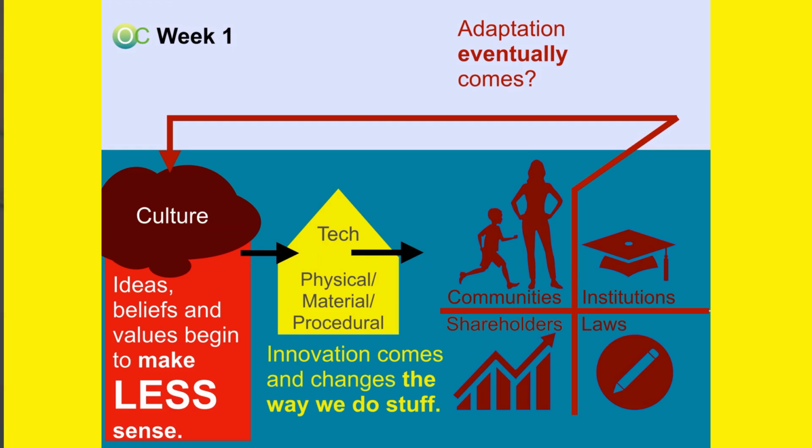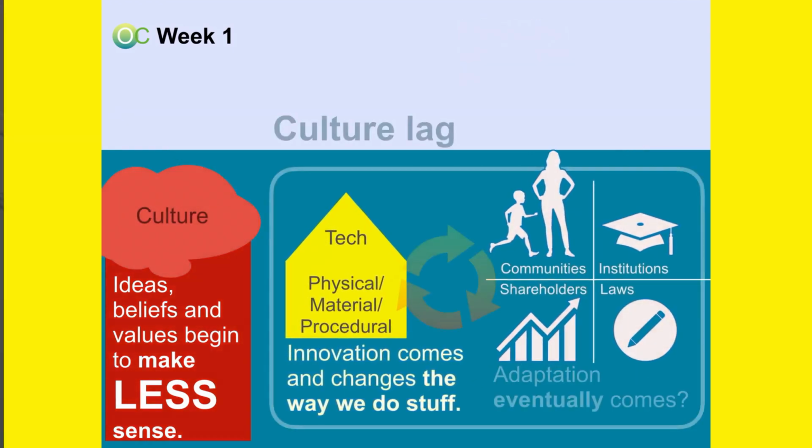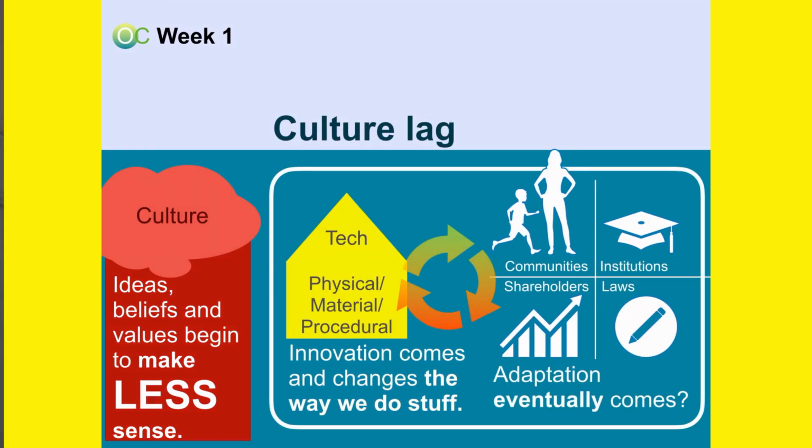What is happening to culture as technology changes our relationship to our habits, the way we interact with each other? So culture, the ideas, beliefs and values begin to make less sense than before. There's less stability. But is this a problem? Well, it's not a problem.